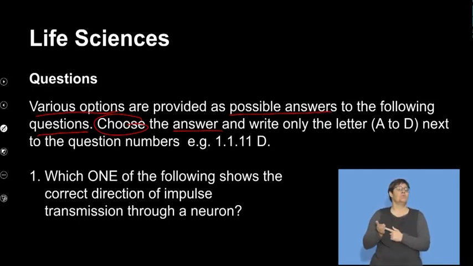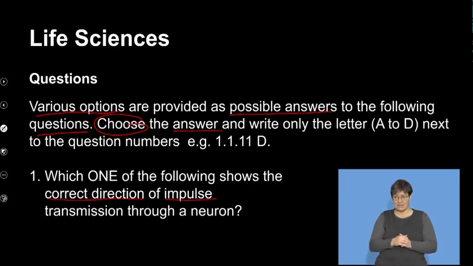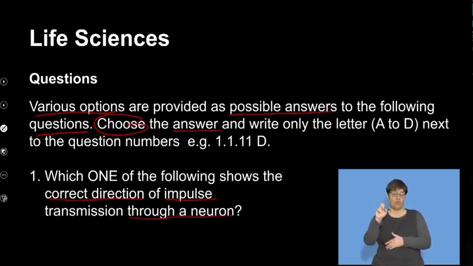Which one of the following shows the correct diagram, direction of the impulse transmission through a neuron? Keywords here. We're looking for only one of the following. That does what?